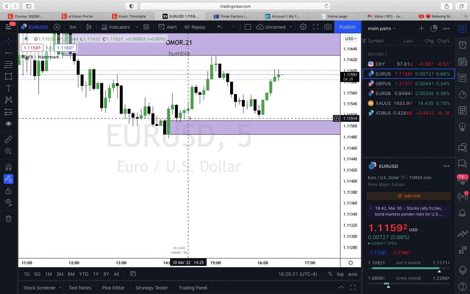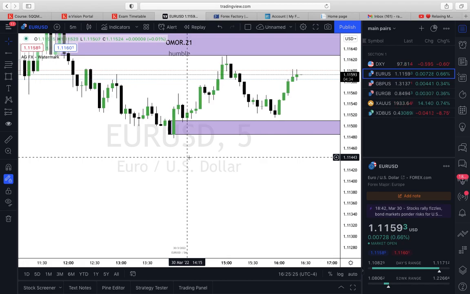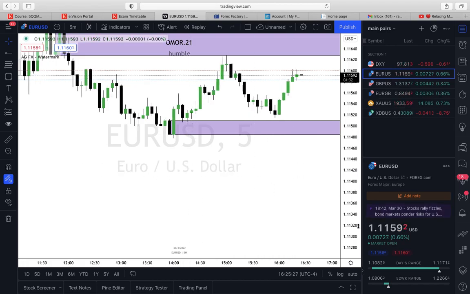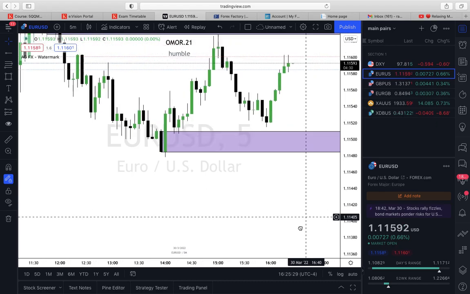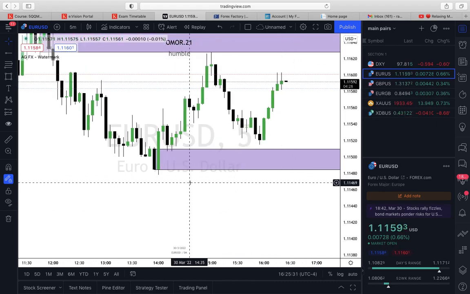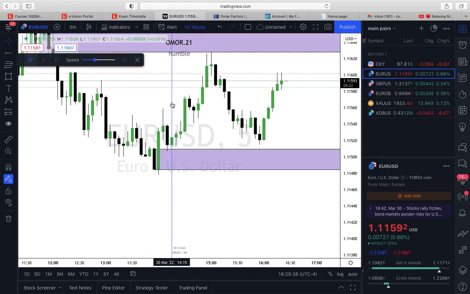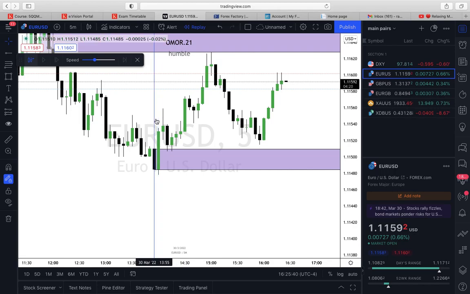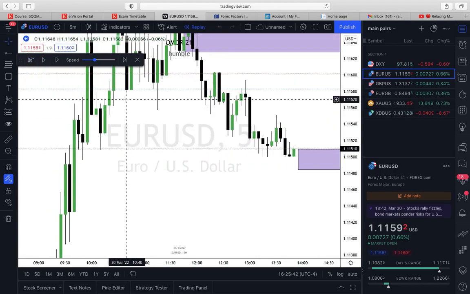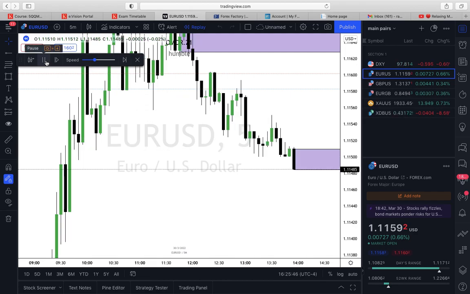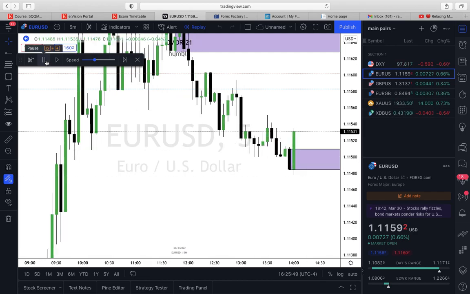What does it leave behind? A fair value gap. The order blocks with the imbalance left behind are the ones you want to take. We're going to touch imbalance next video, but essentially, before this candle, let's do a replay. Down close, up close candle.